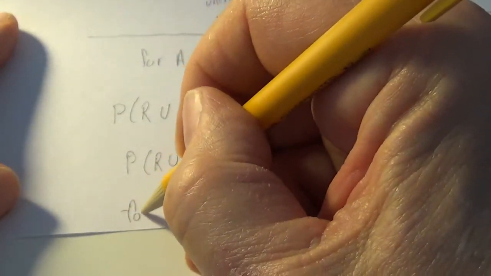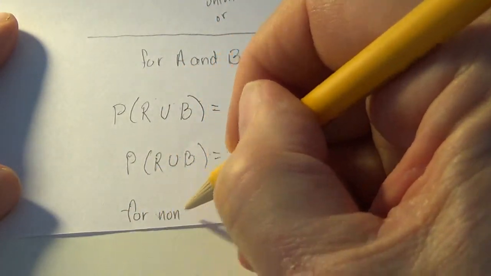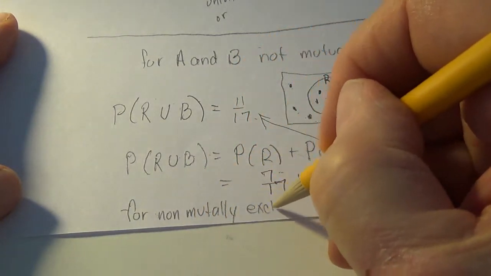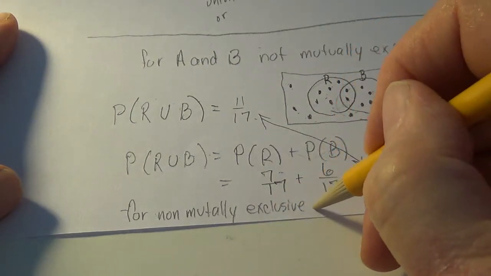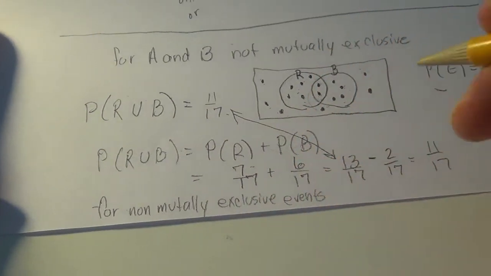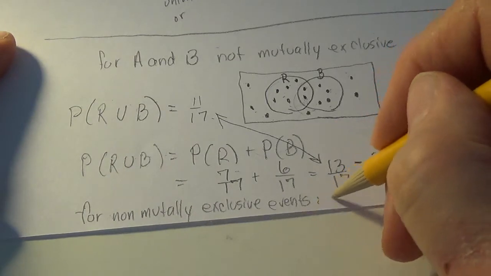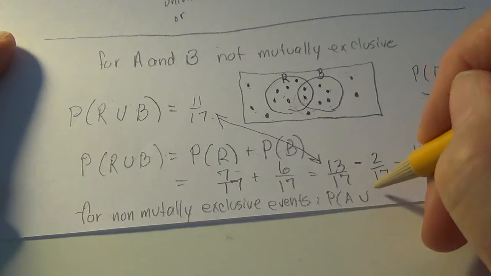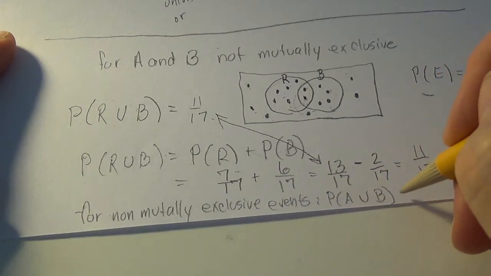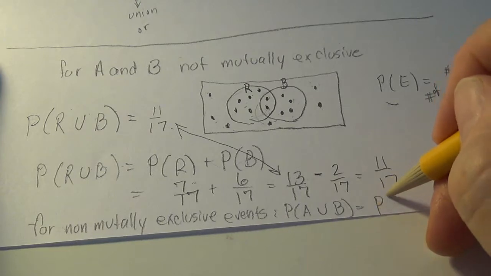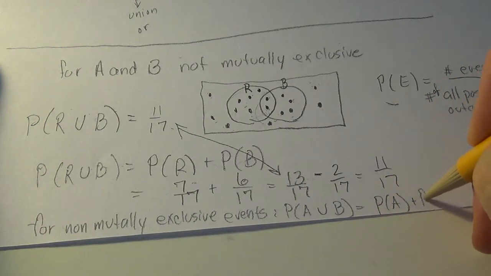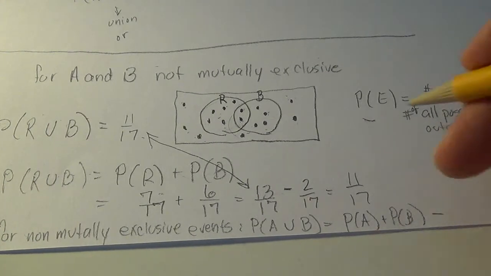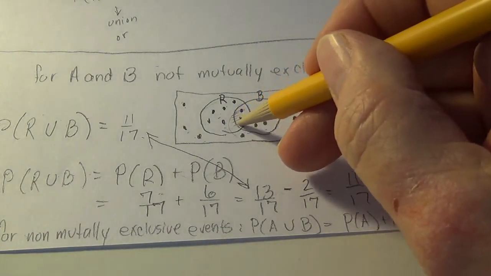So for non-mutually exclusive events, so we know they have some shared outcomes, the probability of A or union B is going to be the probability of A plus the probability of B, but that's going to be too high because we've double counted this area in here where they're shared.